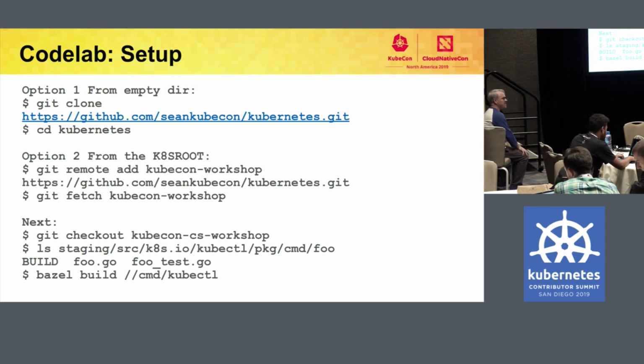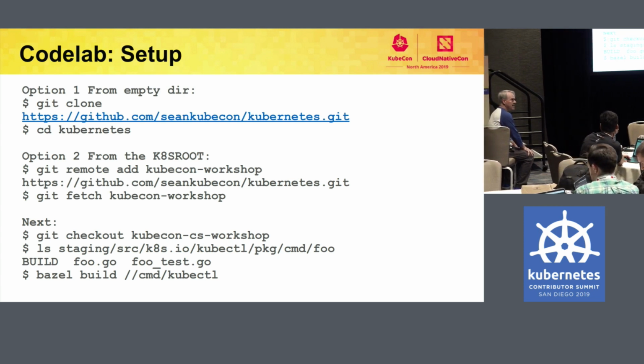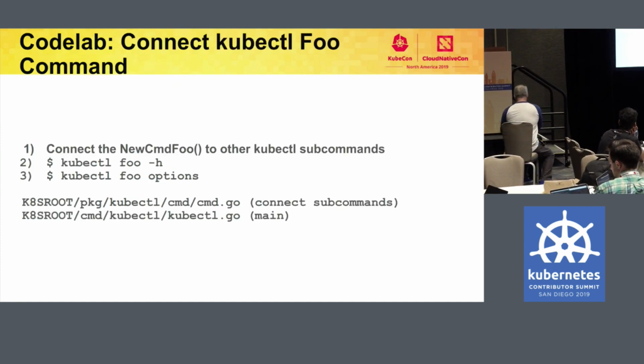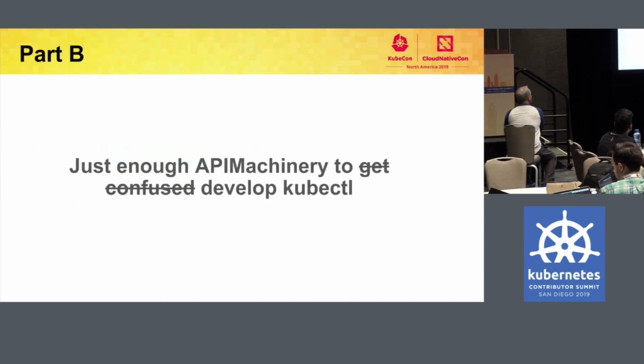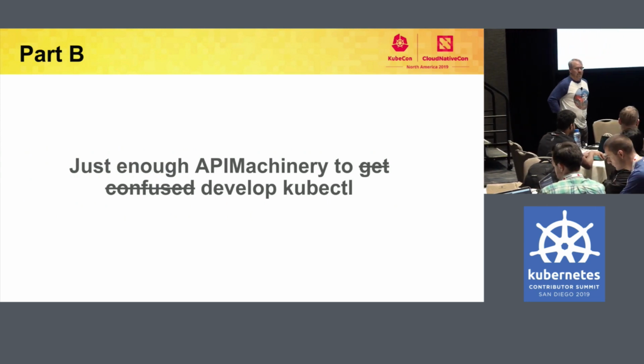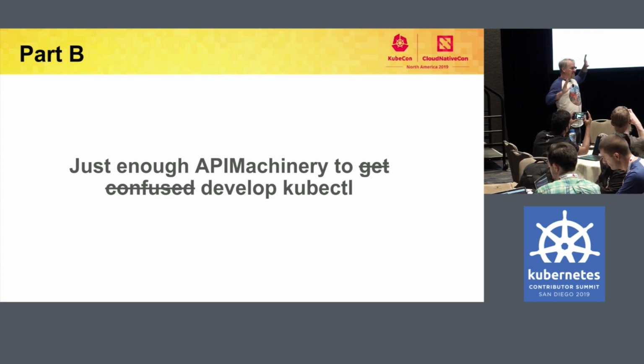So there's going to be a lot of complexity here. I'm going to try to make this as simple as possible but still be able to get stuff done. API machinery is a deep pool.